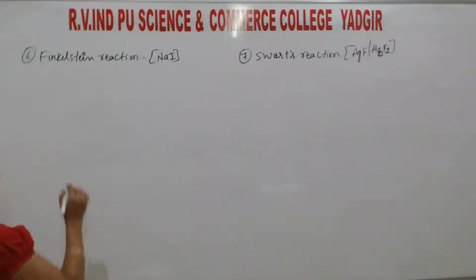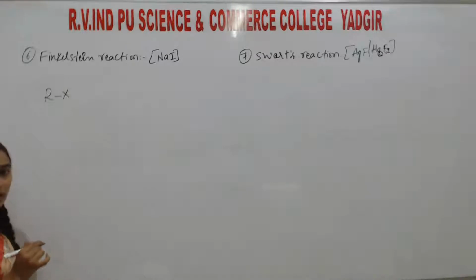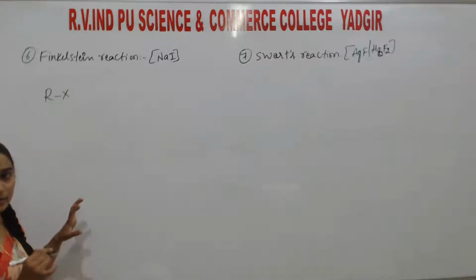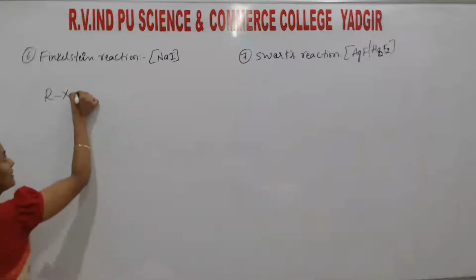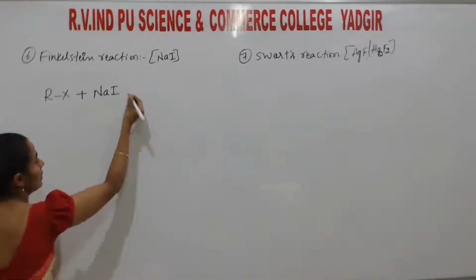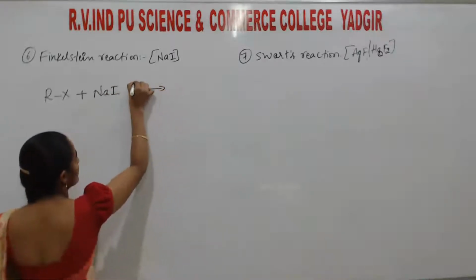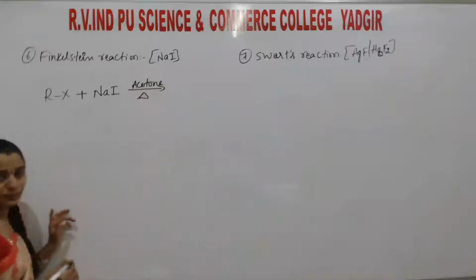Okay, what happens here? Listen. An alkyl compound, alkyl halides, or maybe aryl halides, are made to react with NaI in the presence of acetone and heated.